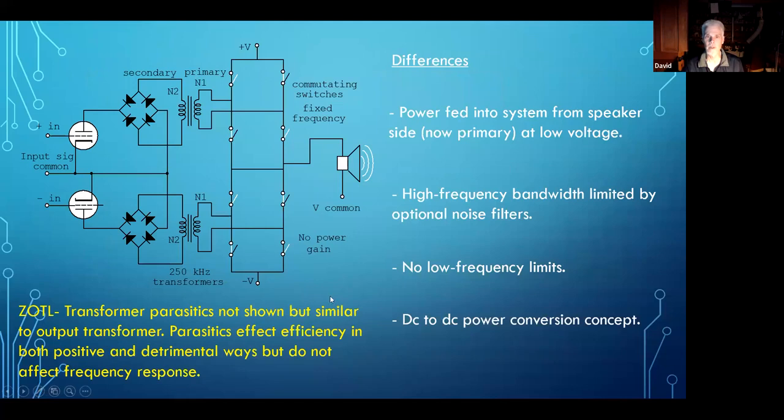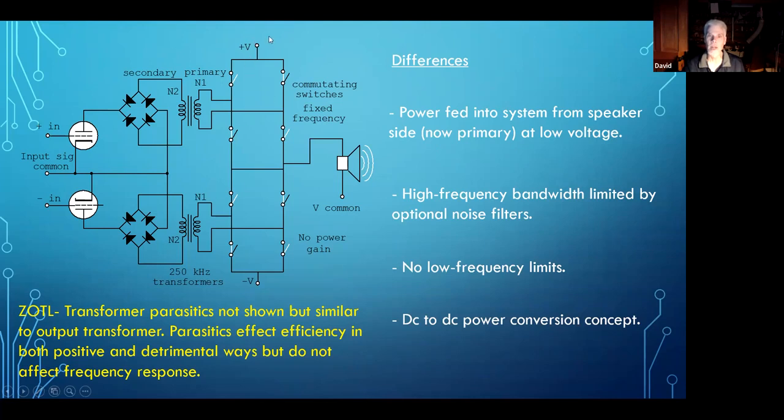Let's compare to the ZOTL. Let me just say the ZOTL transformer parasitics are not shown, but similar to the output transformer. The parasitics affect efficiency in both positive and detrimental ways, but do not affect the frequency response. But let's look at the differences. The power is fed into the system from the speaker side. Now I'm going to define that as a primary at low voltage.